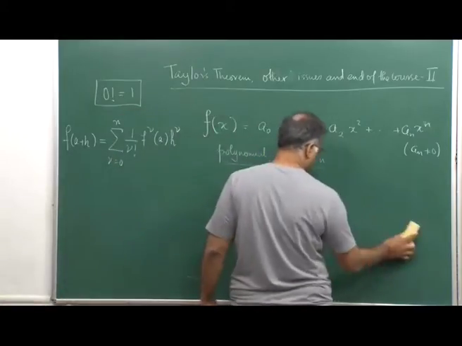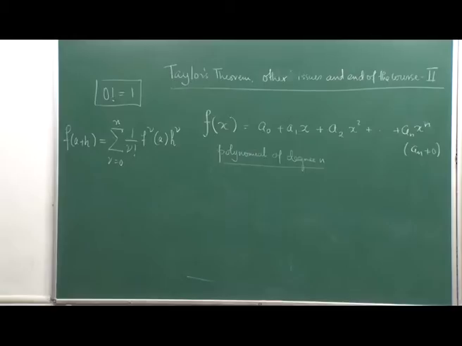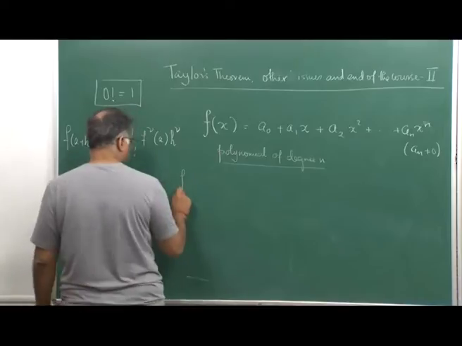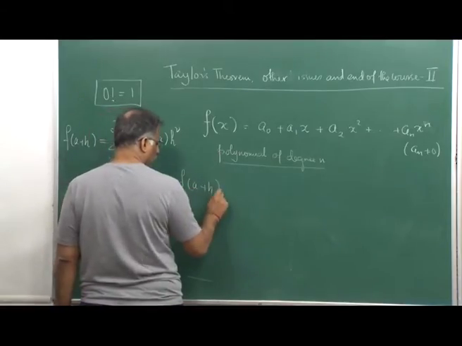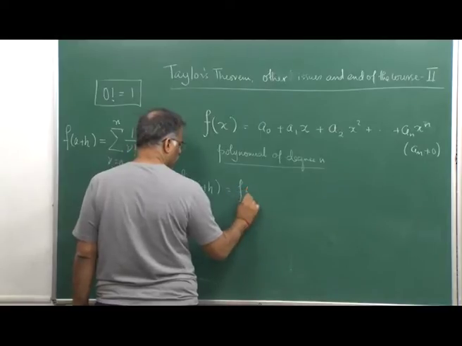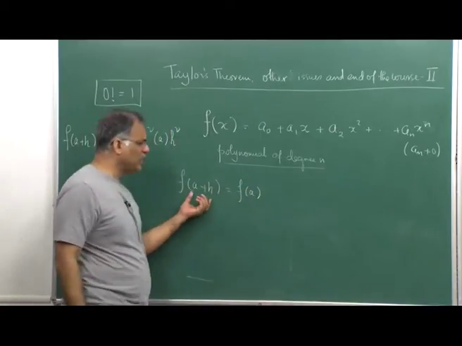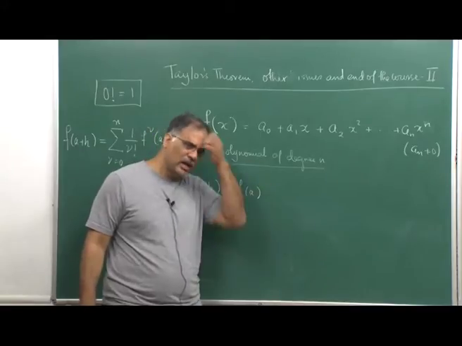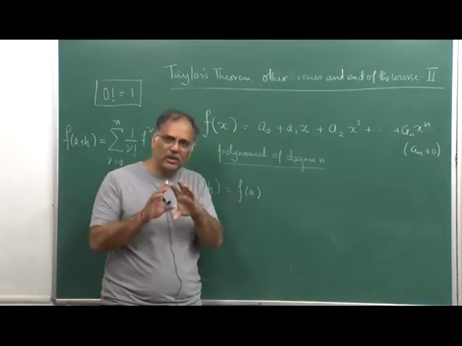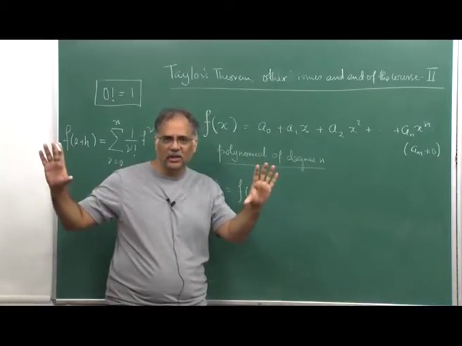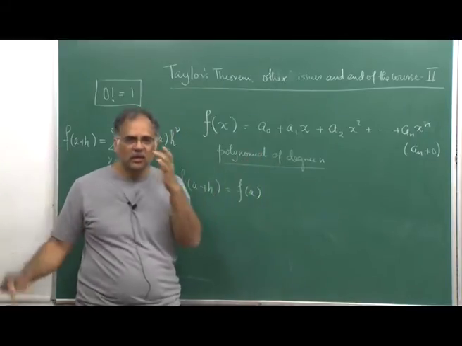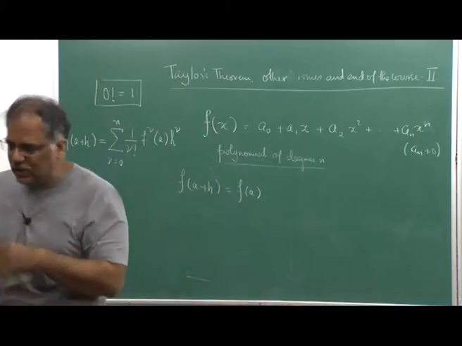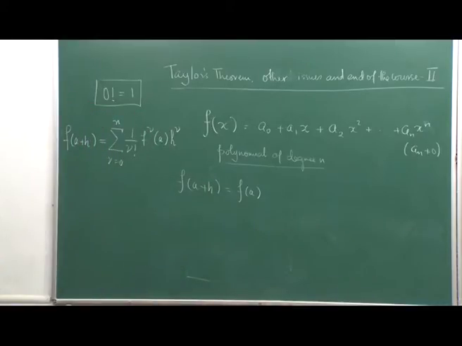So, the intuition was this: if you know a, then f of a plus h can be approximated by a polynomial up to certain degree, and then there will be error. So, what you are trying to say is that any continuous and differentiable function which has so many derivatives, say derivative up to nth order which is continuous, can be approximated as a polynomial.